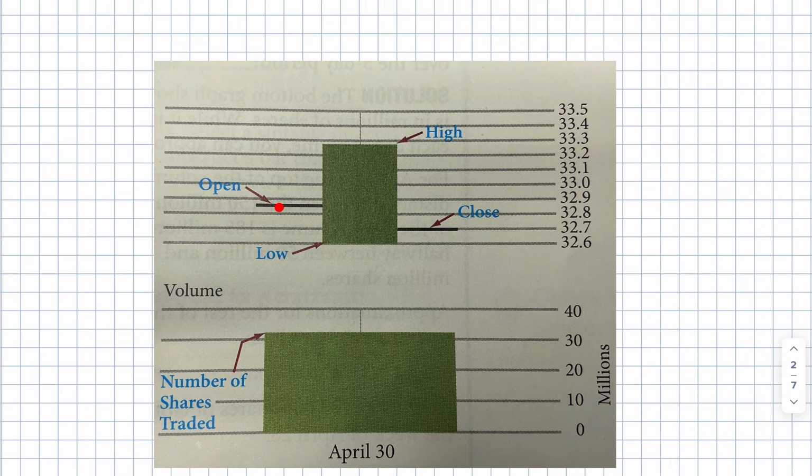And then this line here represents the price of that stock when the market opened, and this line here to the right represents the price of that stock when the market closed. Now, the lower part of this chart represents the number of shares traded.